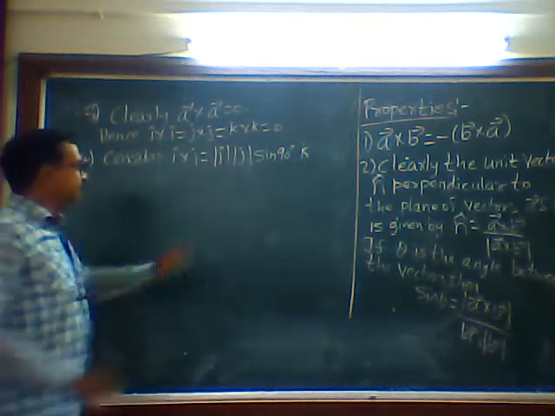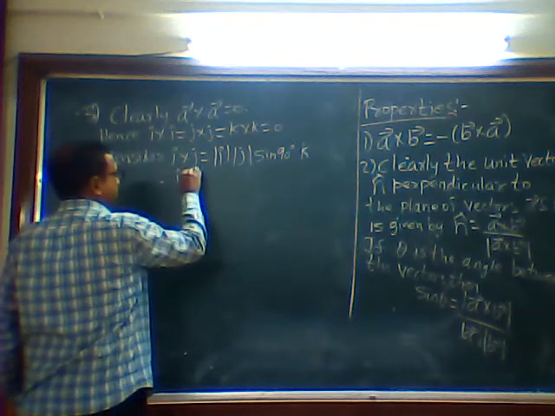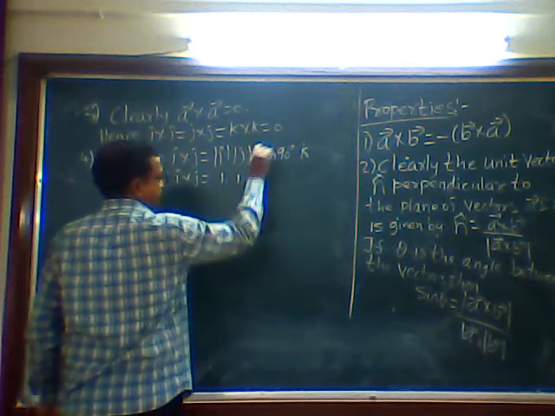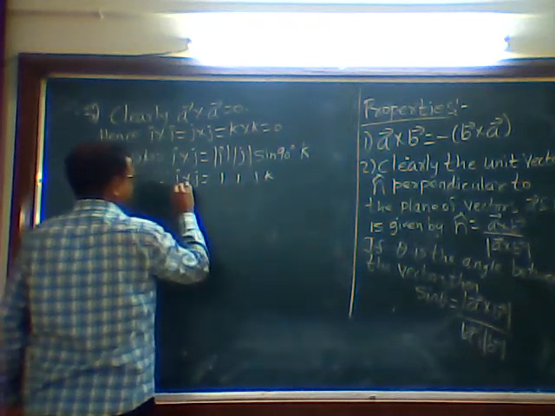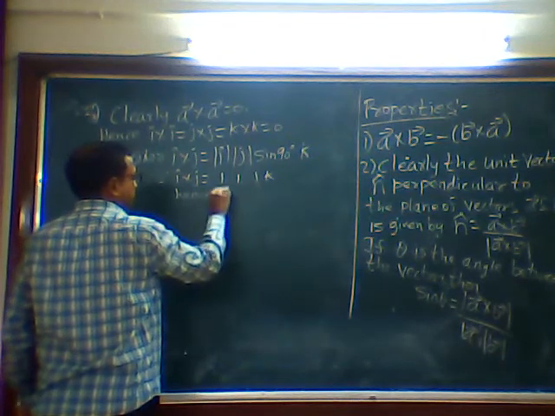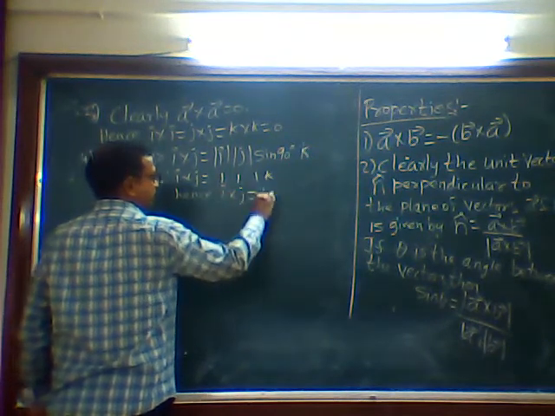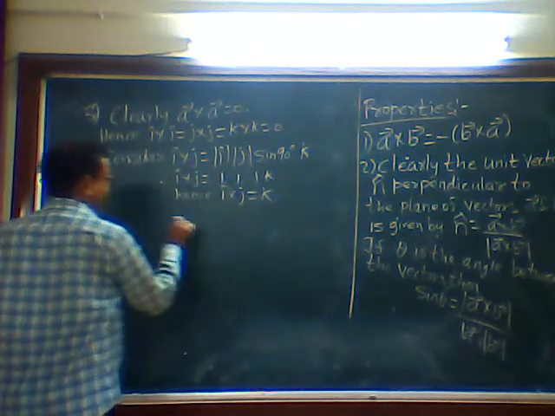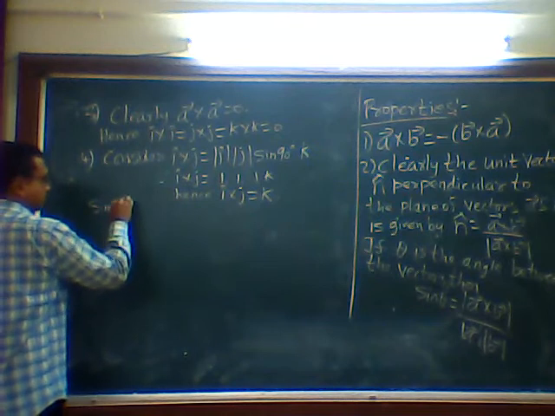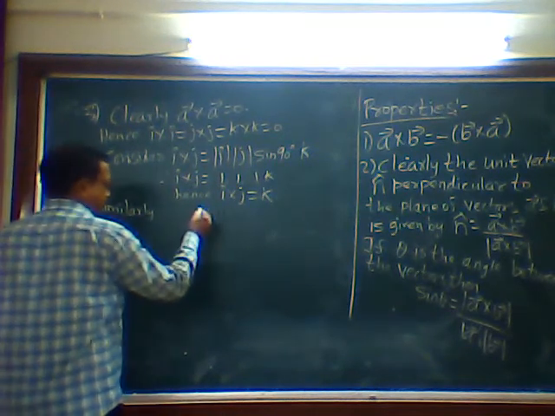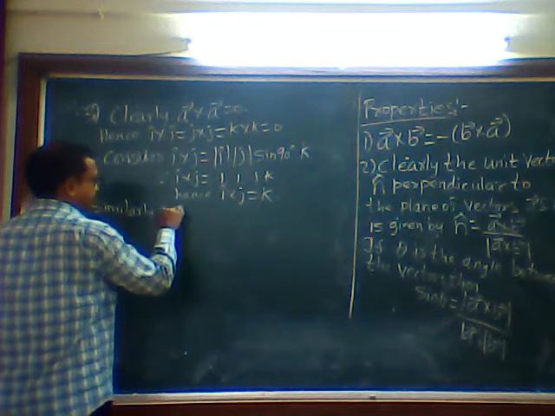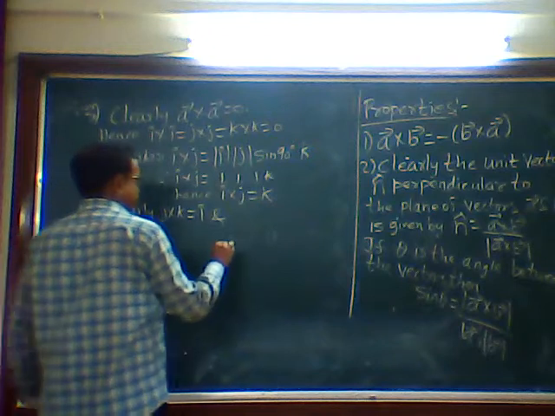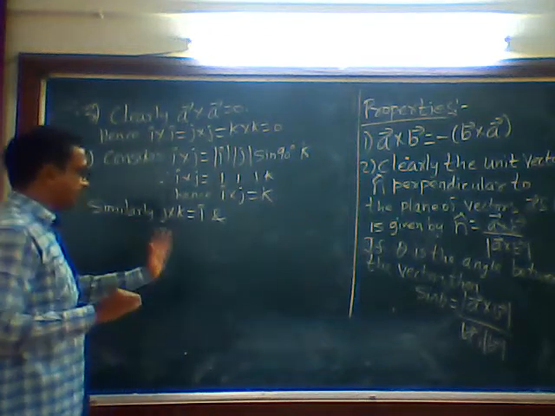Similarly, if you go in cyclic order, j cross k is equal to i, and the cyclic order i j k is over.